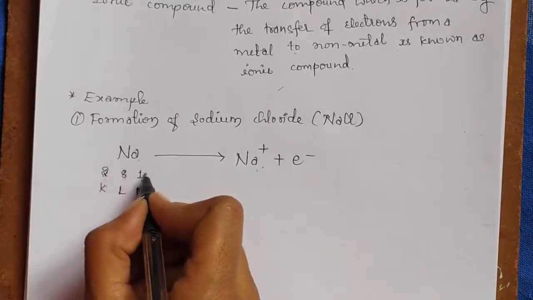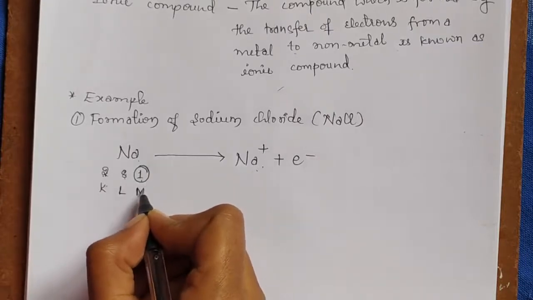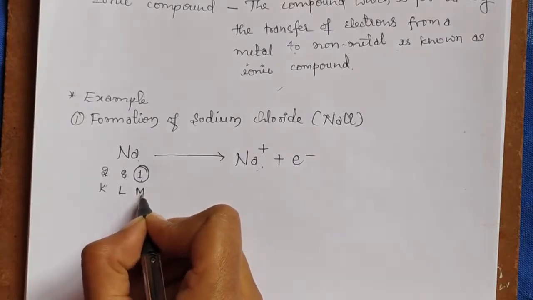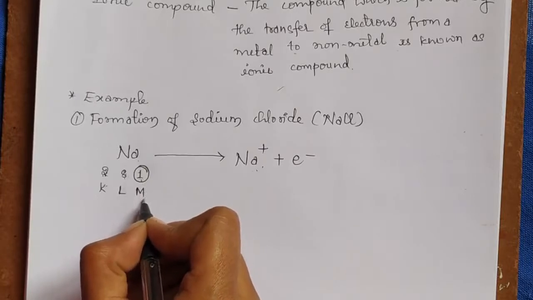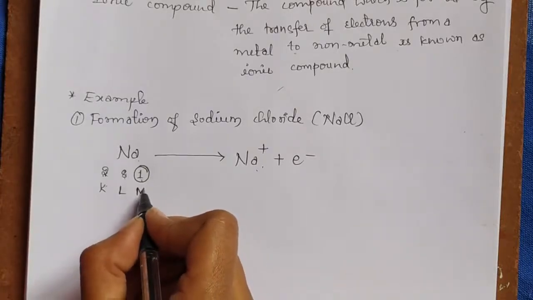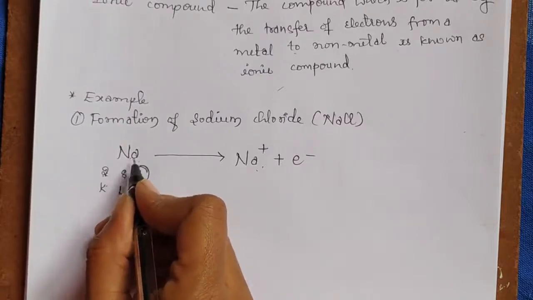This sodium atom can lose its valence electron. Valence means outer electron. The M shell is the outer shell, so only one electron is present in the outermost M shell.